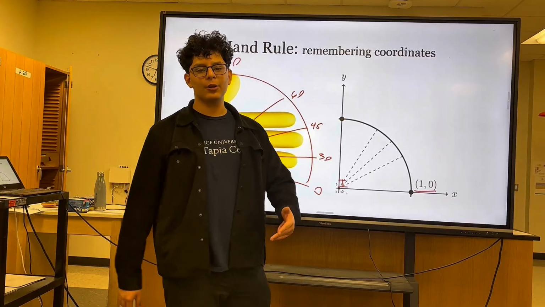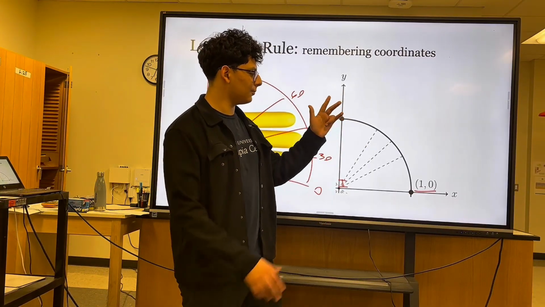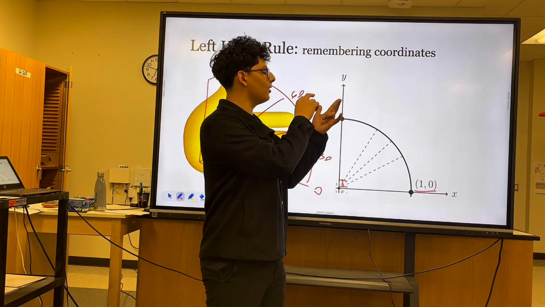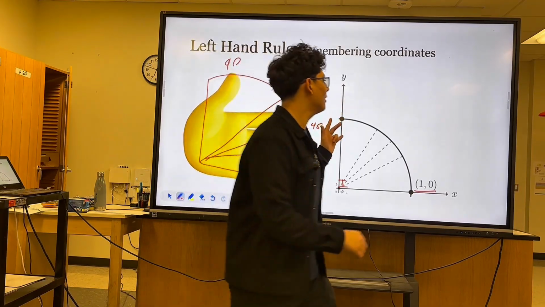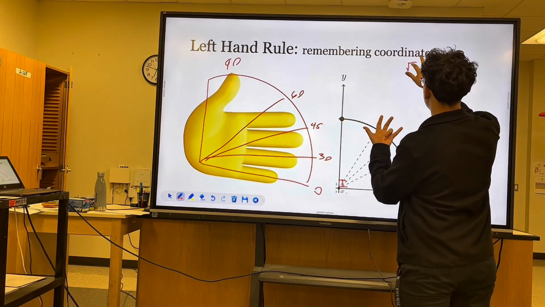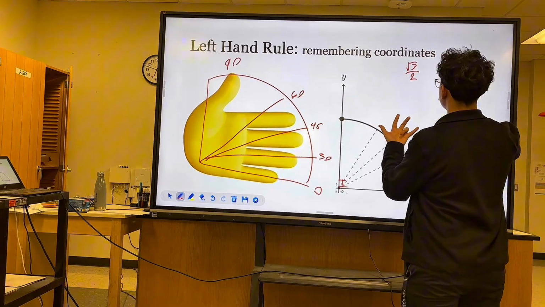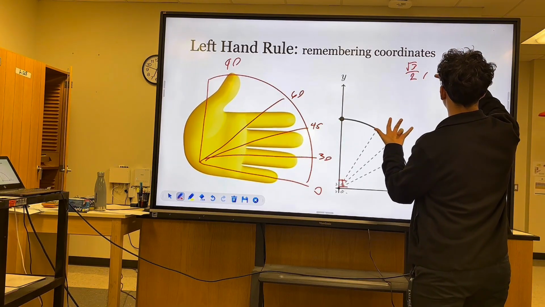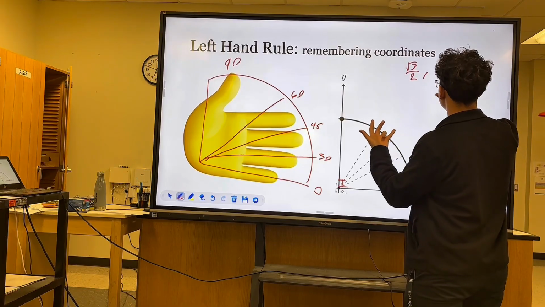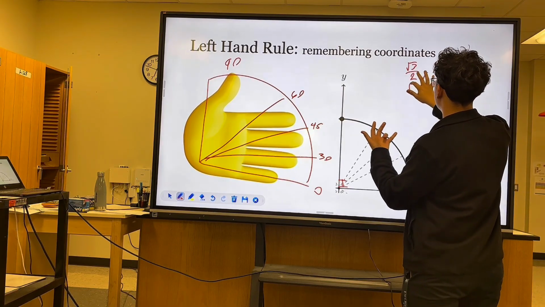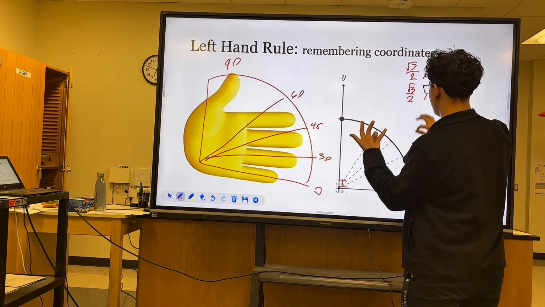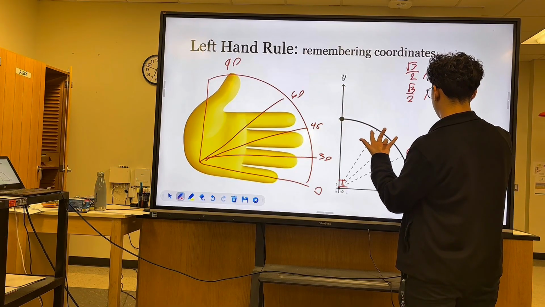All right, now let's find the coordinates for 30 degrees. We have on our left side 3 fingers and on our right side 1. So let's plug that in. Square root of 3 divided by 2, comma, square root of 1 divided by 2. That simplifies to 1 over 2, and we'll keep it like that. This is the coordinate for 30.